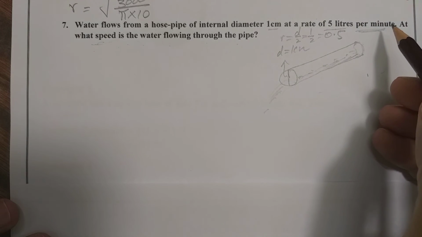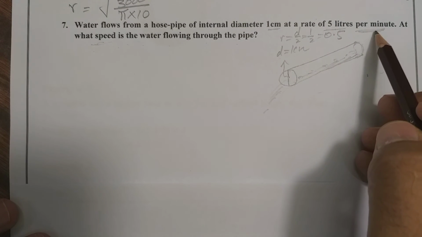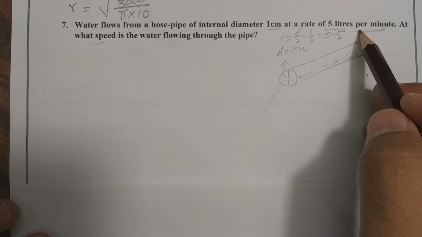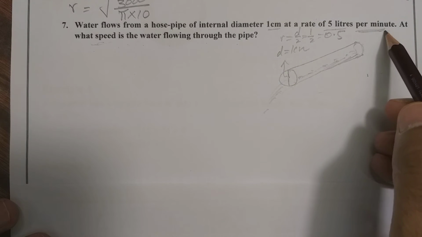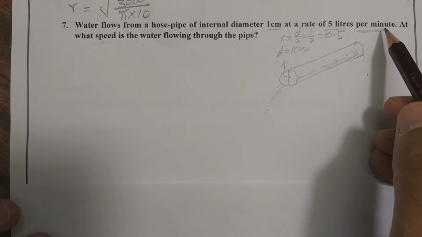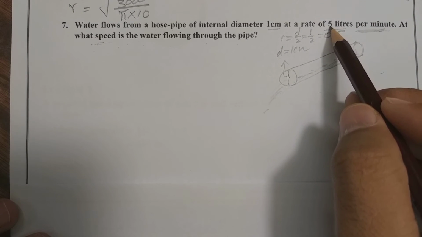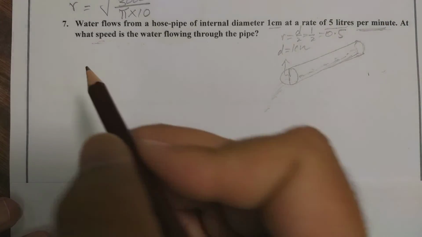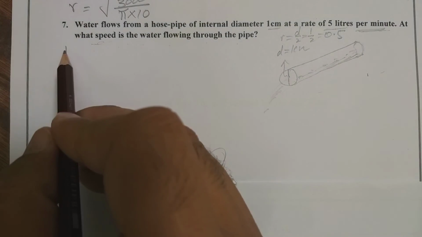Because the information is given in centimeters, we should do everything in centimeters. And because per minute is the bigger unit, I'm converting it into seconds. So 5 liters: 1 liter equals 1000 cubic centimeters, as we saw in the previous question, question number 6.